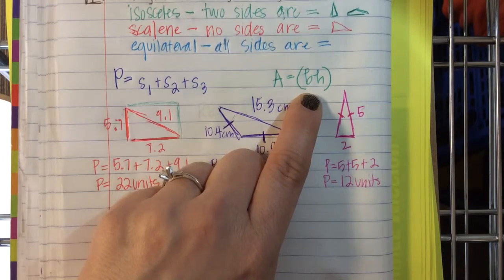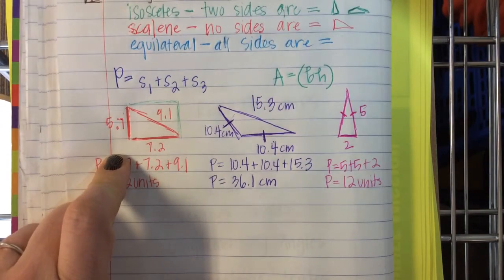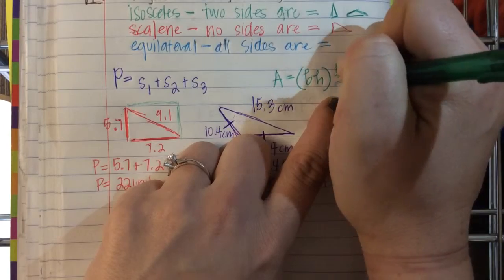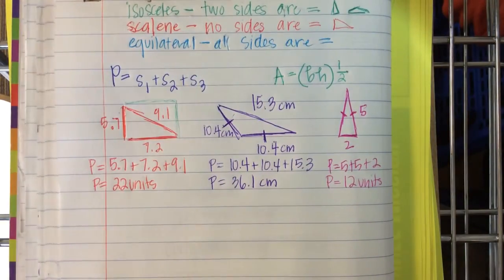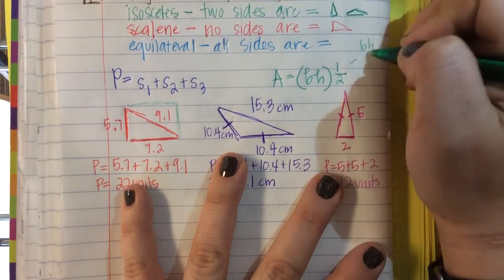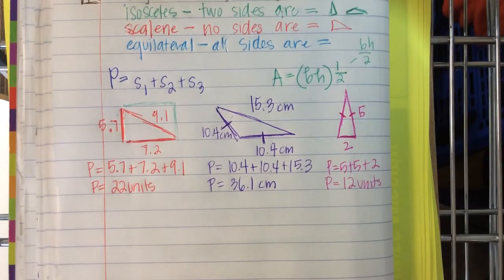But that's the whole rectangle. Then you halve it. You can multiply by 1/2, or what's the same thing? Dividing by 2. So you could do base times height divided by 2. But the key is, what do you have to do first? You have to do base times height first.